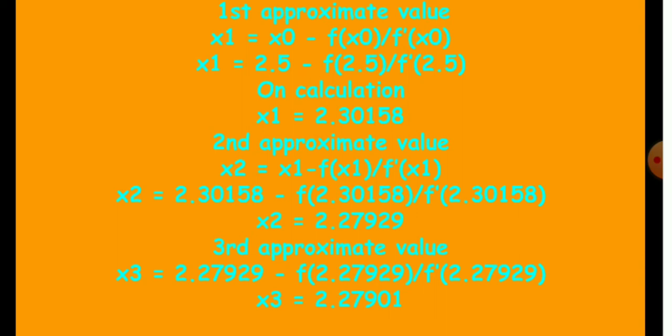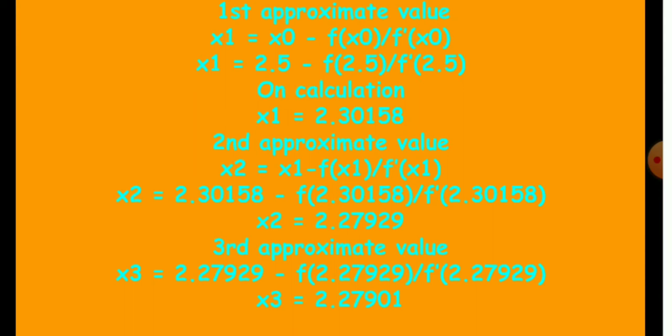You may do this calculation easily if you have a scientific calculator, or a scientific calculator in a mobile. But in examination you have to have a scientific calculator. On calculating, we get x1 equals 2.30158.